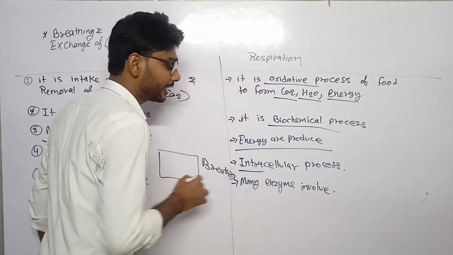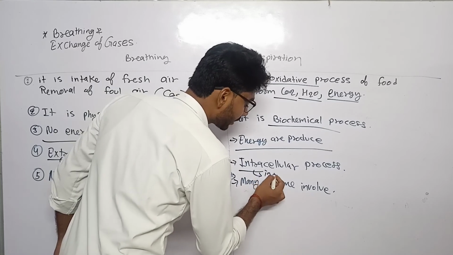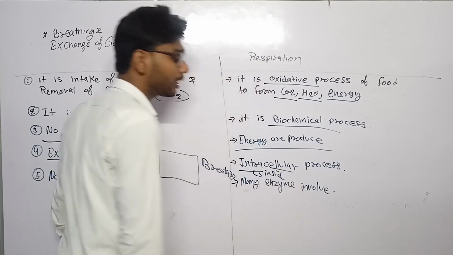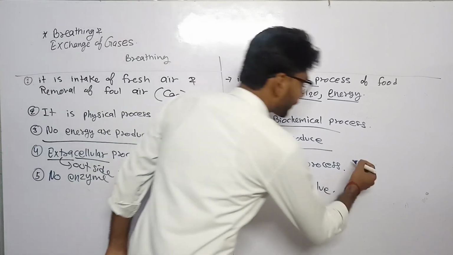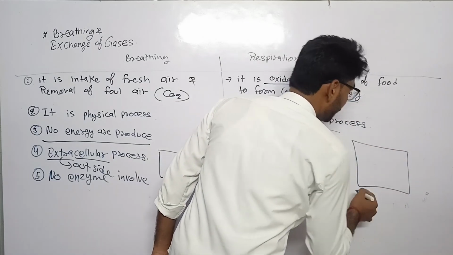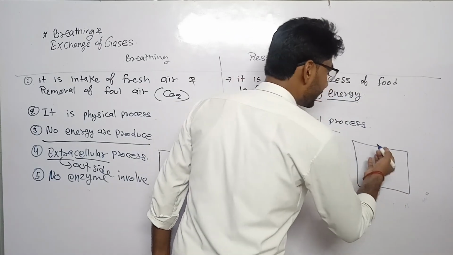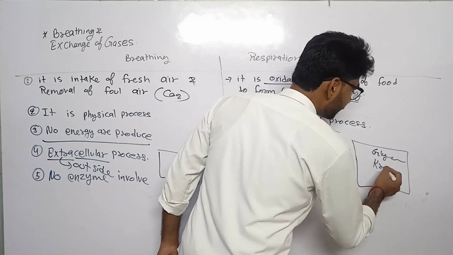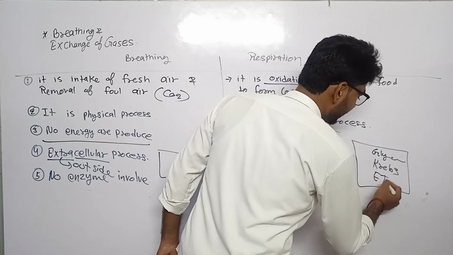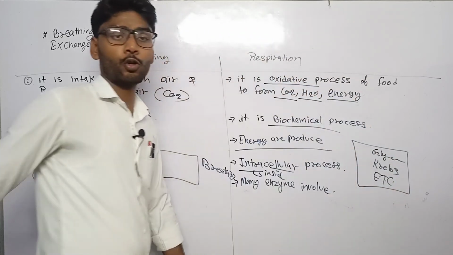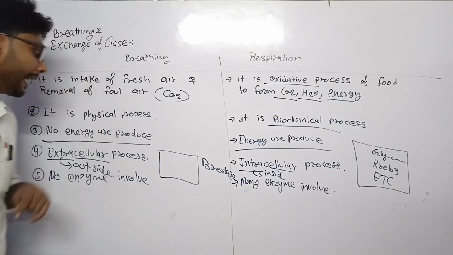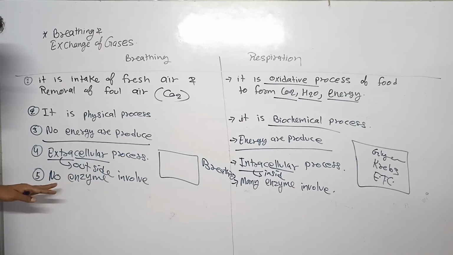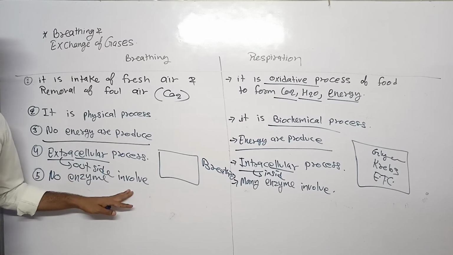It is made up of two words. Intra means inside. And cellular means cell. So respiration is actually performed inside the cell, and it has three processes: glycolysis, Krebs cycle, and electron transport chain. Okay, and the next major difference is that no enzymes are involved in case of breathing.